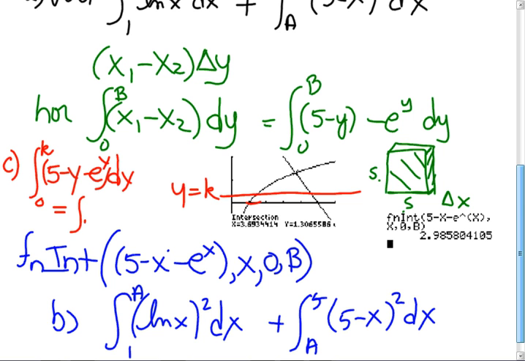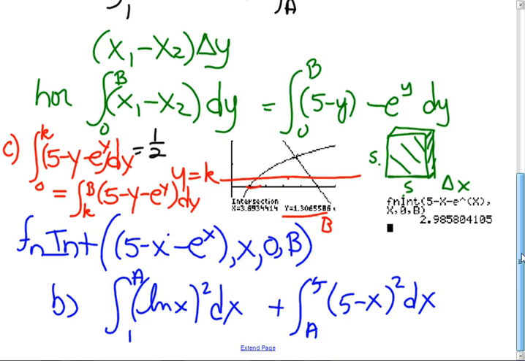It's equal to the integral from k to b of the same thing because they're equal areas. That's one way to do it. B is this number. So then I integrate from here to here. Or could I just integrate and say it's half of whatever area I had, which was 2.89 something? What was it? Oh, 2.98.